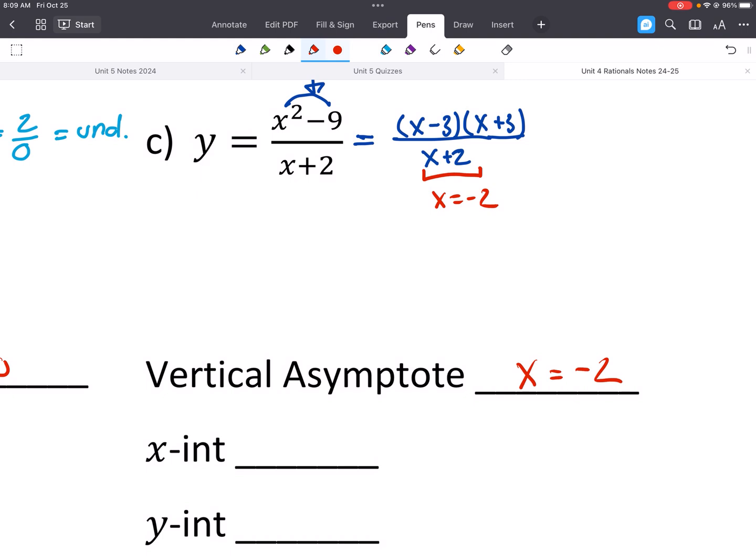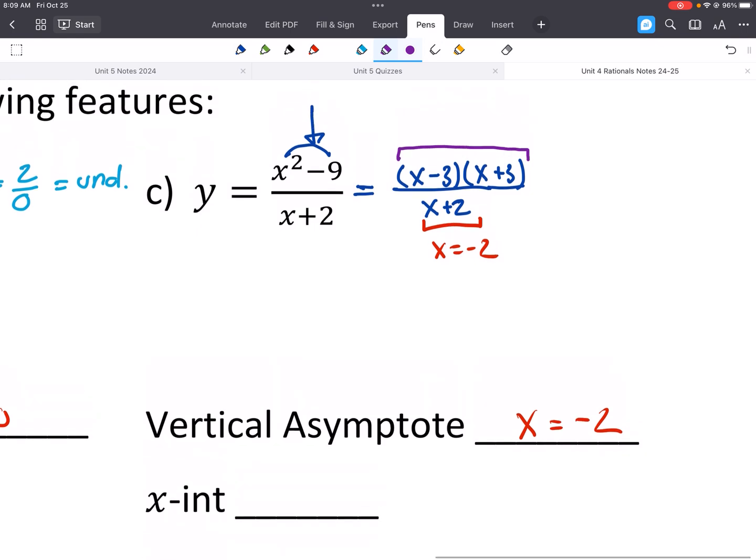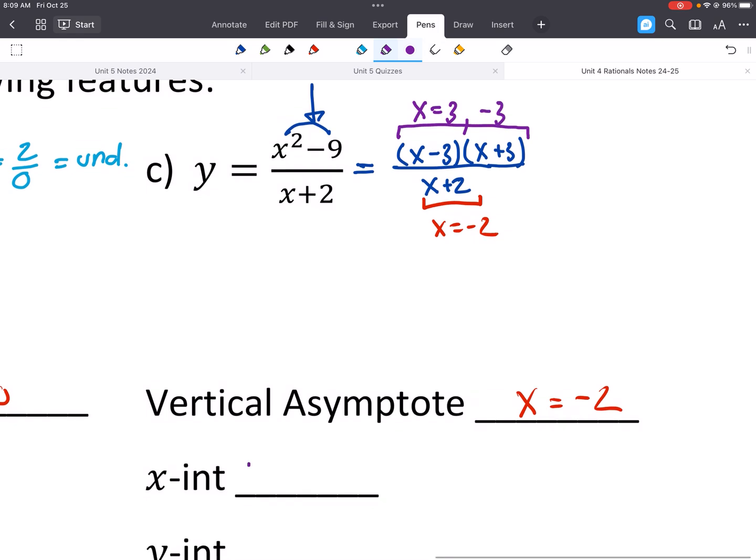If we're trying to find the x-intercept, again, we're trying to find what makes the numerator 0. So either x would have to be 3 or negative 3. So we'd write down our x-intercepts would be (3, 0) and (-3, 0).